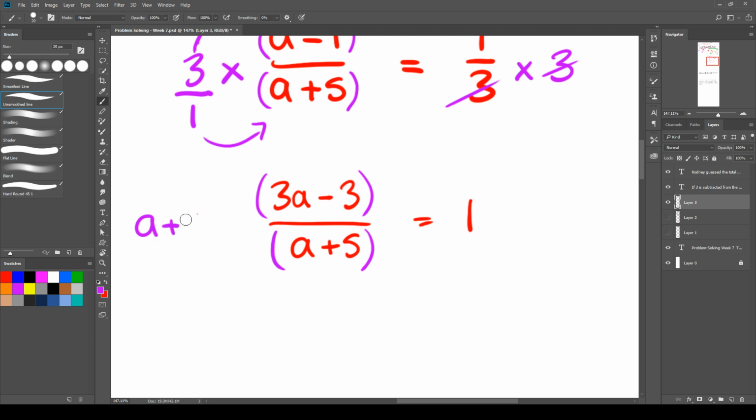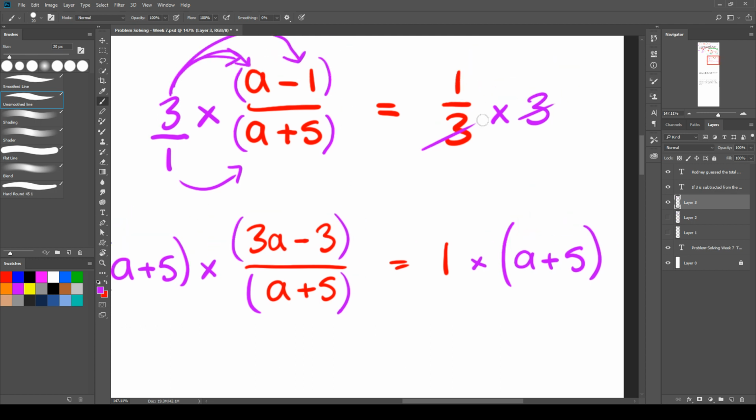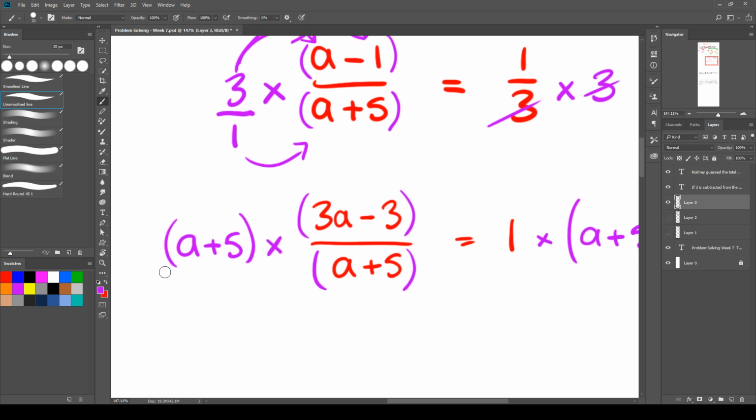A plus 5 multiplied by this right-hand side. I'm going to times this one here also by a plus 5. And just in the same way that 1/3 times by 3, those two numbers cancel out, that means that I can also cancel these two things as well.